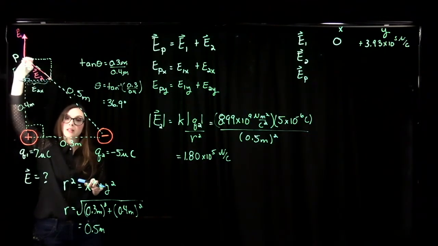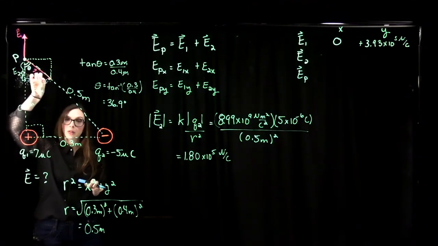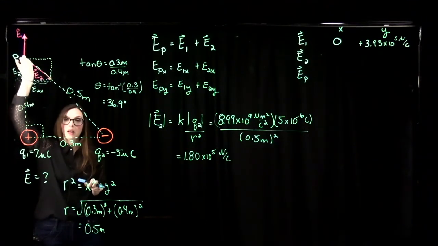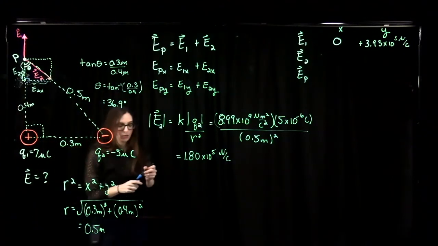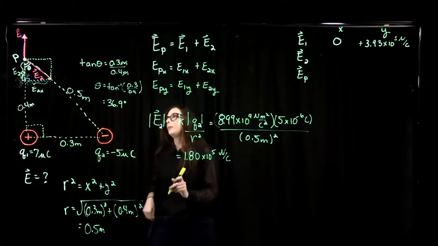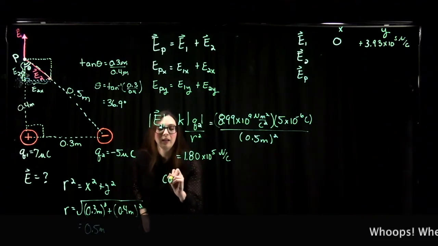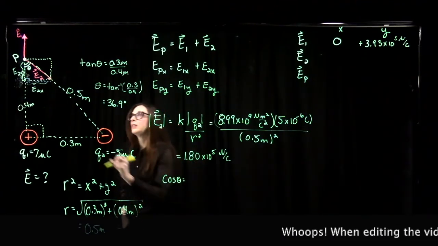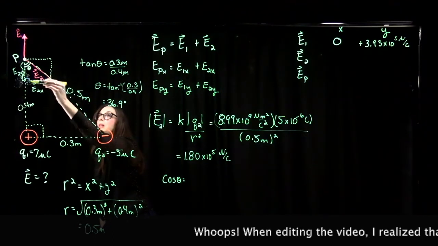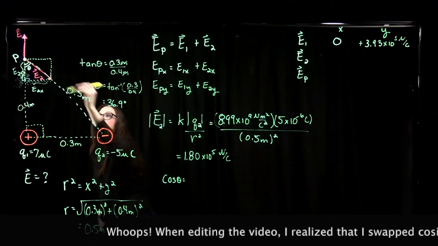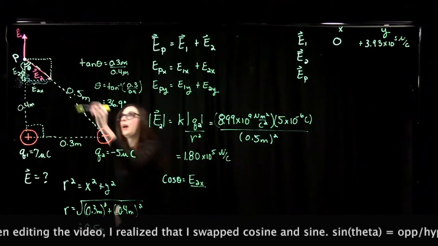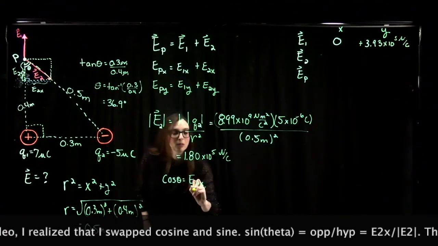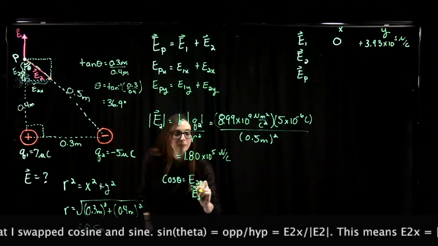So we can get E2x and E2y by using sine or cosine, because now we know the magnitude of E2 already. Let's use cosine. Cosine of that angle theta is equal to my opposite leg of this little triangle, E2x, over my hypotenuse, the magnitude of E2.